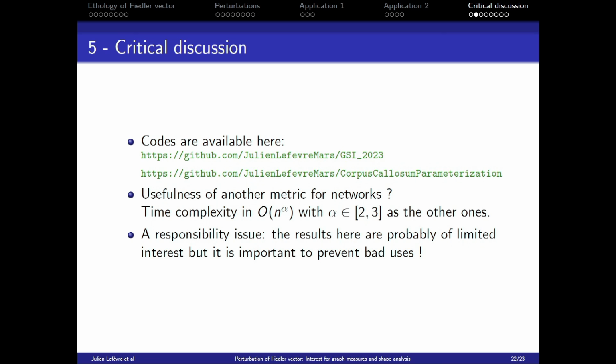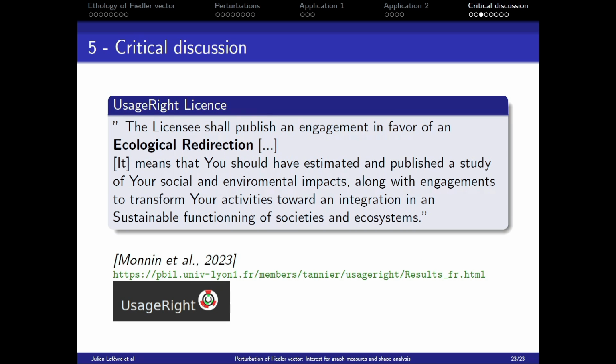An important point to me, which is not really related to this work, is that there is a responsibility issue when proposing new methods. It's important that those methods are not used for bad applications. I want to do some advertisement for colleagues who have proposed a prototype license.